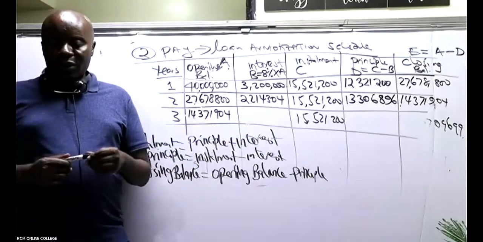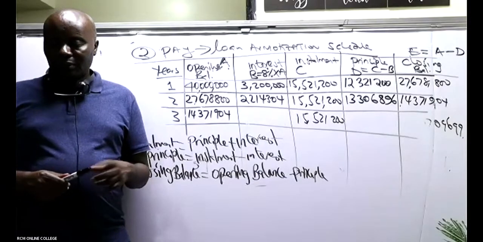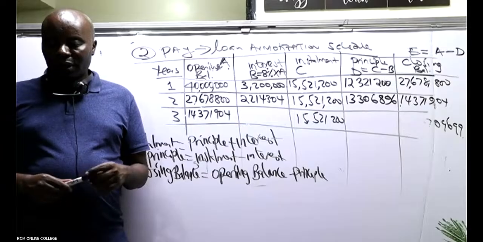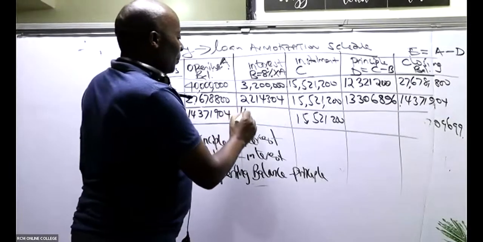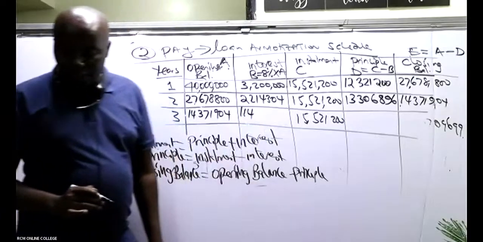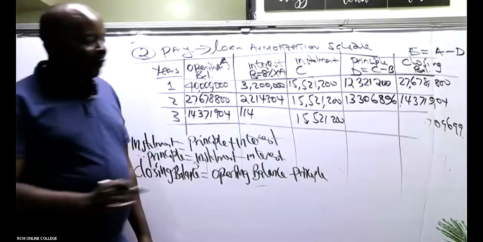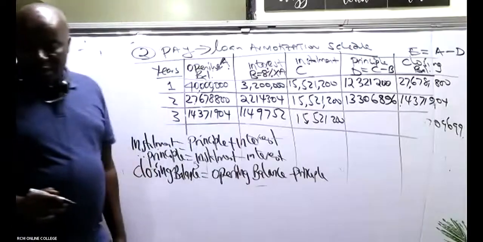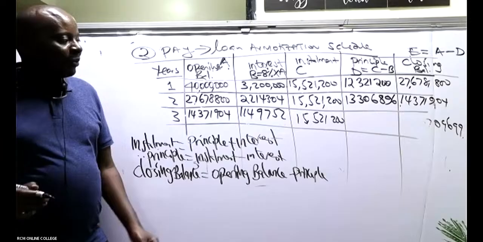So then are you able to give me the interest for year number 3 as we finish? So we have here 1,149,752, like that, point something, right?